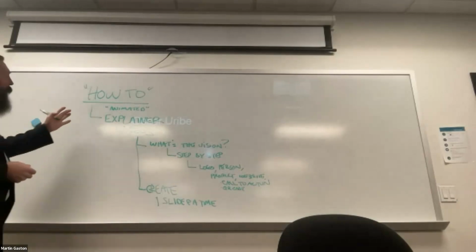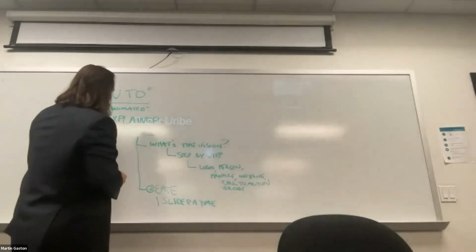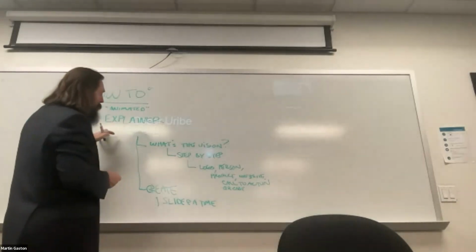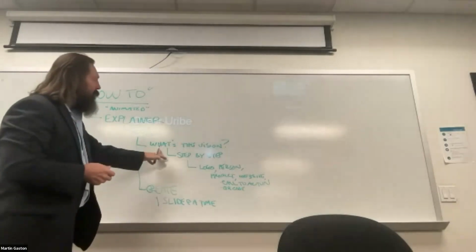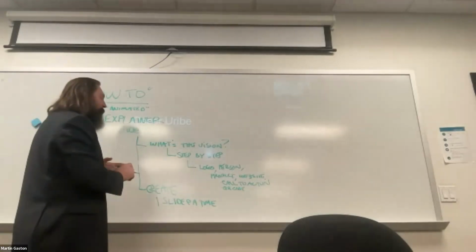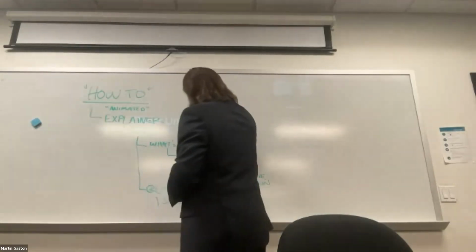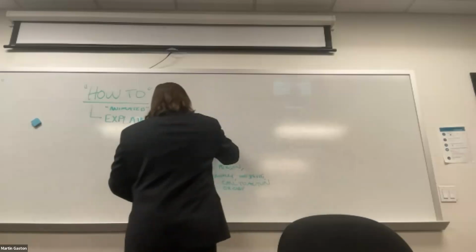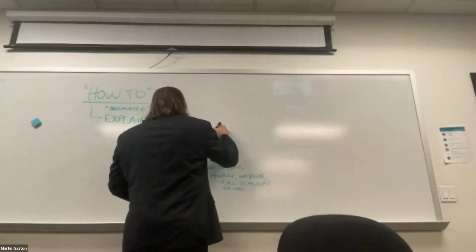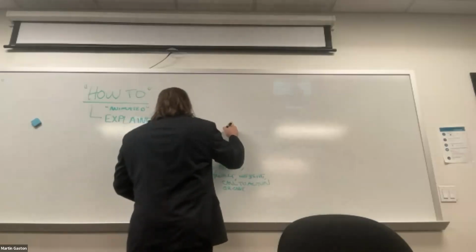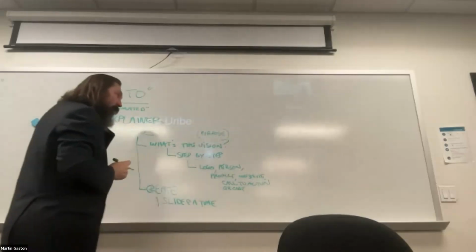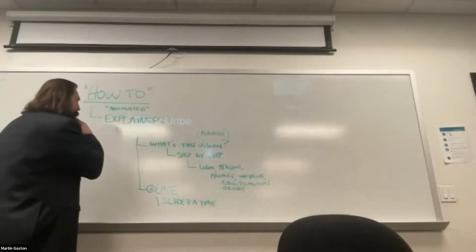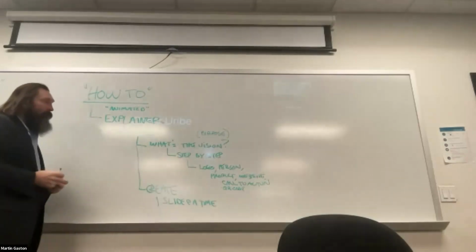So we're gonna need to understand what the explainer video is. We're gonna need to understand what's the vision for the purpose. Maybe vision could also be the word purpose. The purpose of the project. What's the purpose? What's the vision of the explainer video?